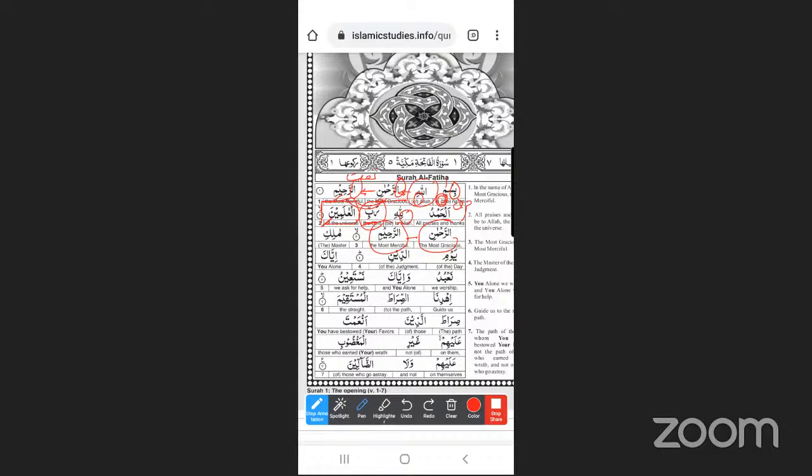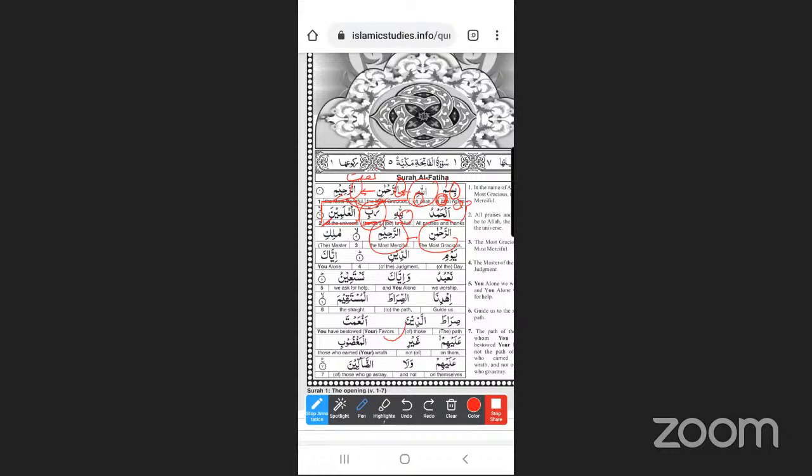Malik is the master, Yawmiddin, of the day, Yom Day, Deen. Right? Deen is of the day of the judgment, the master of the day of the judgment. So Malik is Mudaf and Yom is Mudaf ilayhi.